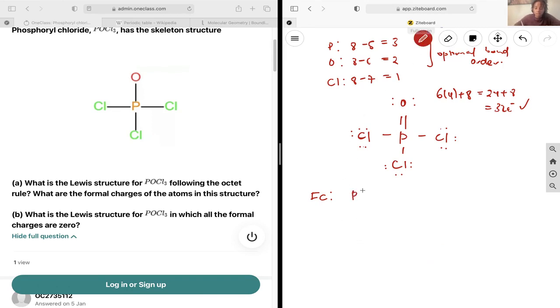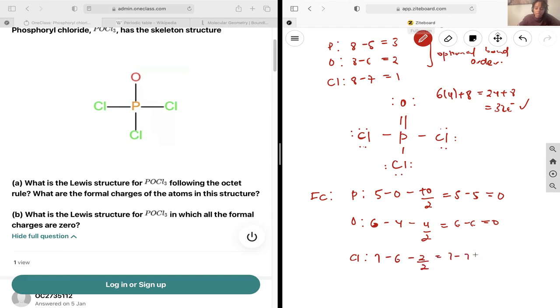And so on the phosphorus, we're going to have 5 minus 0 minus 10 over 2. And that is going to give us 5 minus 5, which is 0. On the oxygen, we're going to have 6 minus 4 minus 4 over 2. And that's going to be 6 minus 6, which is 0. And on the chlorine, we are going to have 7 minus 6 minus 2 over 2, which is just 7 minus 7, which is 0.